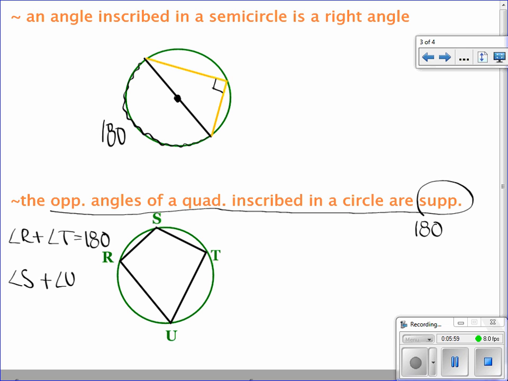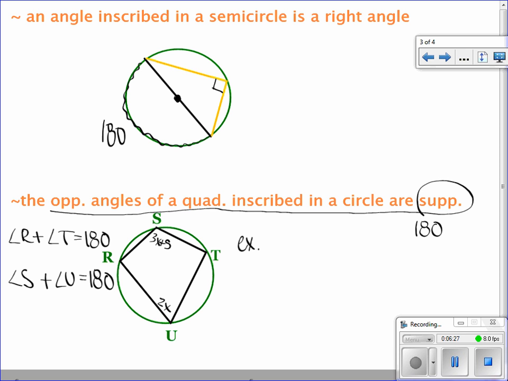So they're probably going to put some algebra in there in your homework and on the test, like a 3x plus 5 and a 2x. So you would add those together and they would equal 180. Okay. Don't do the ones next to each other, the ones always across from each other. So we can write that down. This is how you would set up this problem.